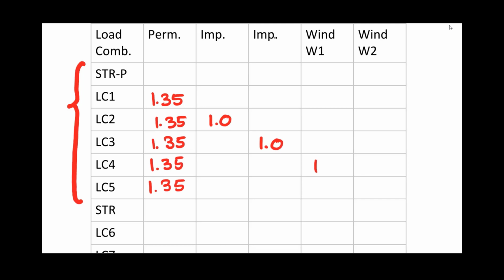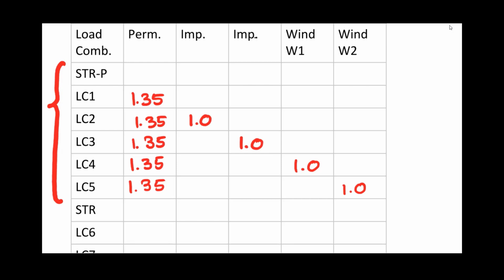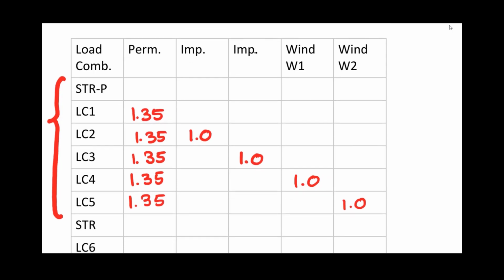And we don't apply these together because they are not correlated values, i.e. wind load 1 cannot happen at the same time as wind load 2, and the imposed loads act at different times. So let me just add the subscripts, QK1. So these are the loads we are now applying.